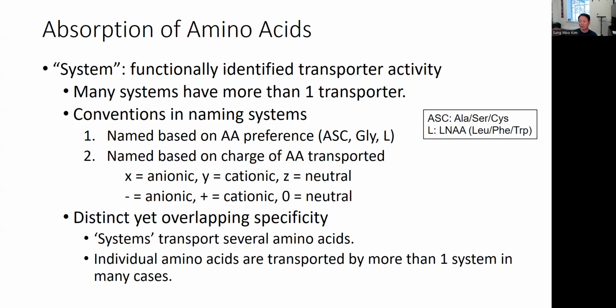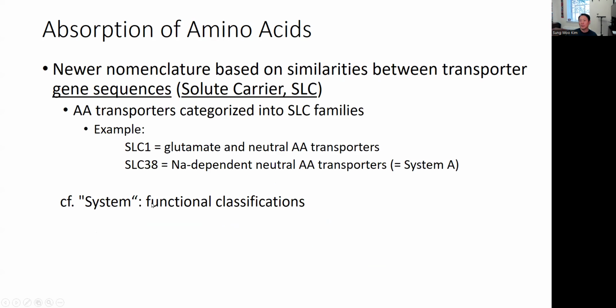One particular amino acid can be transported by multiple systems, and one system can transport several amino acids. By doing that, I think we can maximize the efficiency. And later, I'll show you a big table showing the different types of systems.